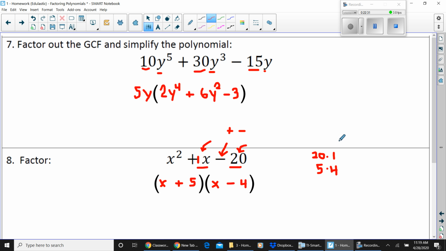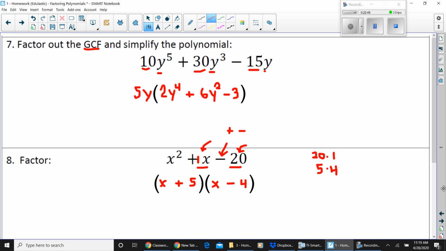If it says factor out the greatest common factor, that means you're going to have one set of parentheses, right? And then you're going to factor out the greatest common factor just like we have here, and then do distributive property in reverse.